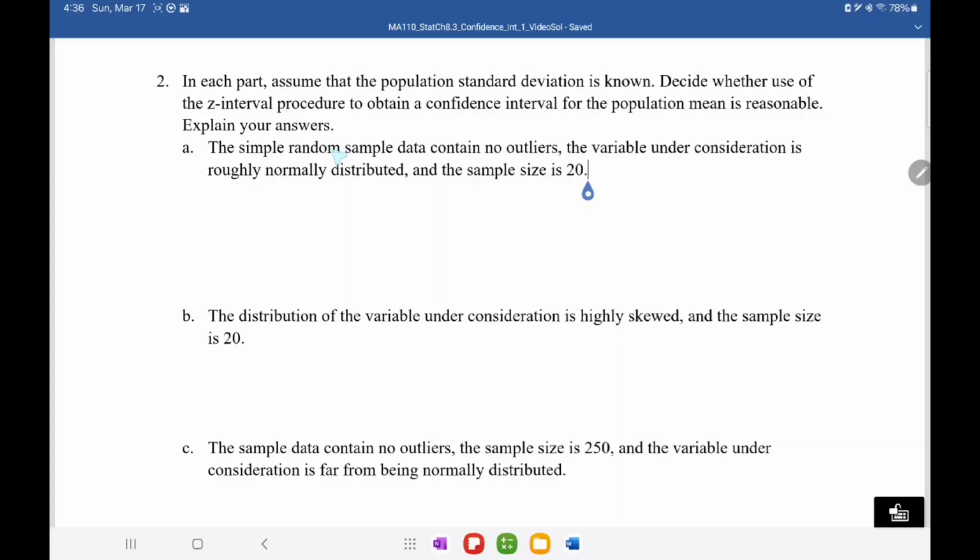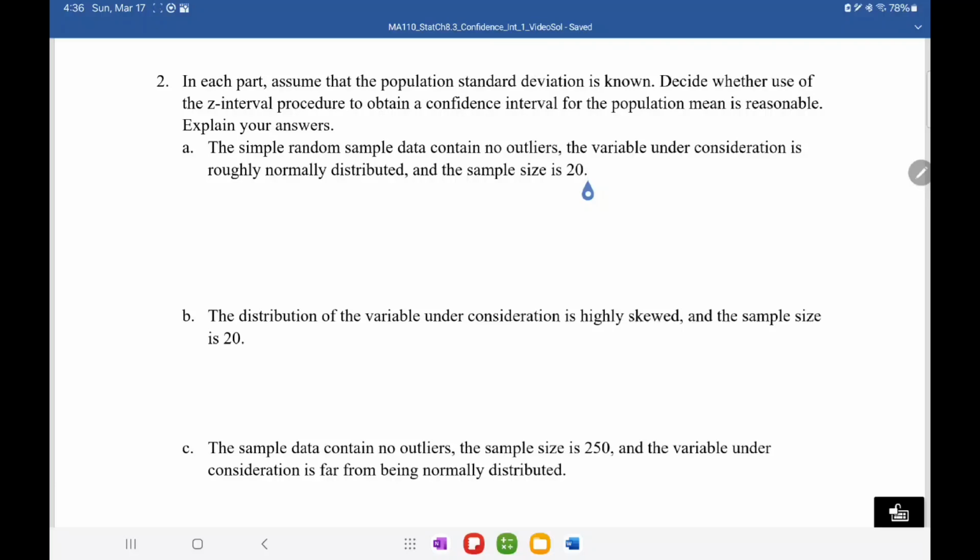Explain your answers. So the first question says the simple random sample data contain no outliers. The variable under consideration is roughly normally distributed and the sample size is 20.